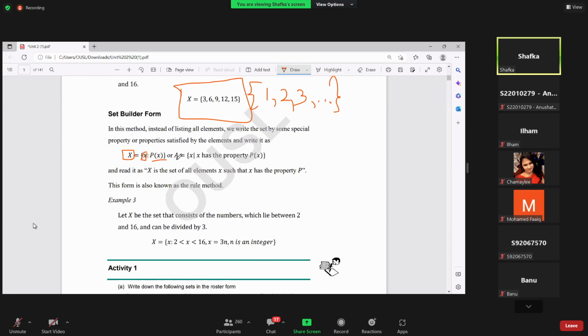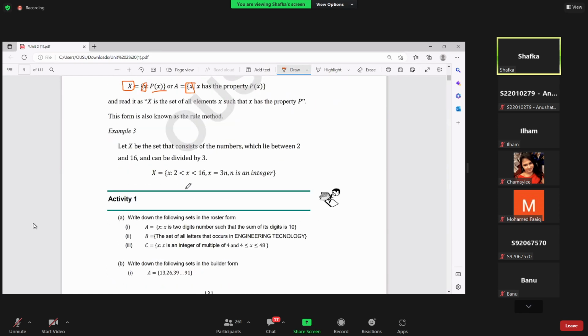In other words, this x has the property P(x). Here we have an example: X equals, the elements are such that x is between 2 and 16, and x equals 3n, where n is an integer.